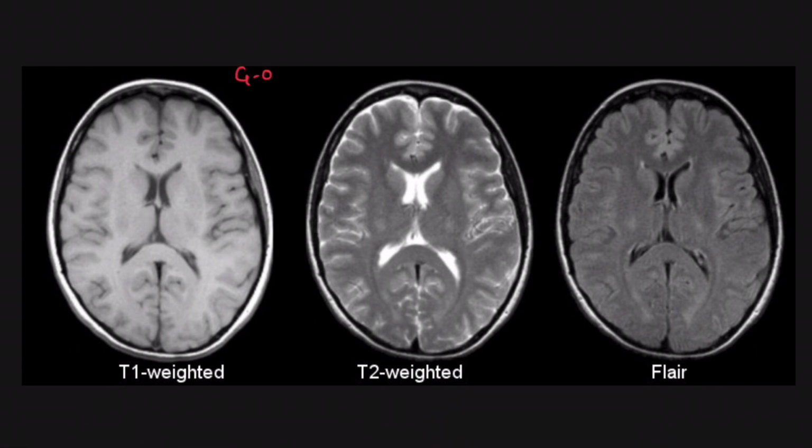Gray is outside, white is inside, and there is CSF. So first mnemonic is for T2. T2, you can remember this, water is white. Water is white in T2. So CSF is white.